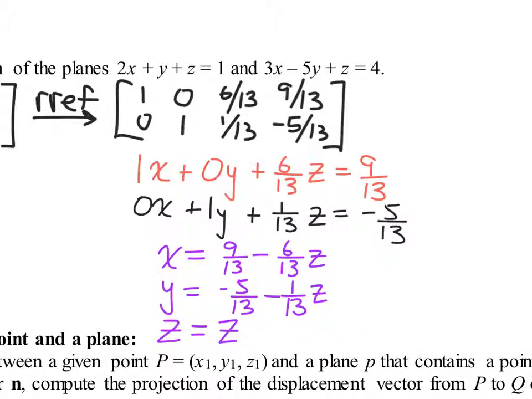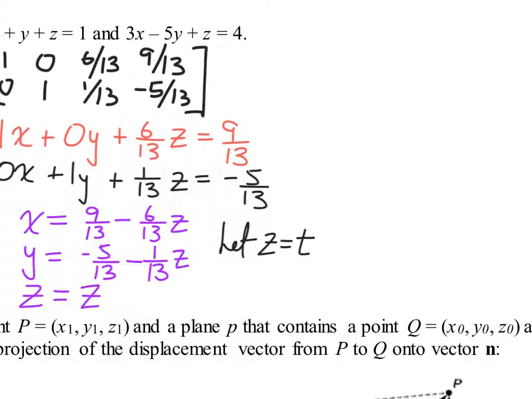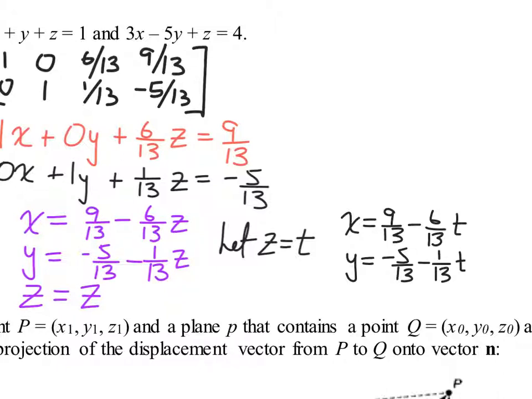We could let a parameter equal z, but if we want it to be some completely unknown quantity, what I could do is let z equal our parameter t, in which case we would have x equal 9/13 minus 6/13 t, y would be equal to negative 5/13 plus 1/13 t, and z would be equal to t.